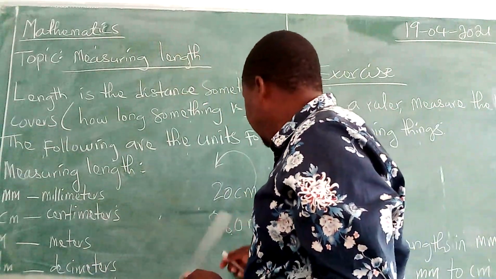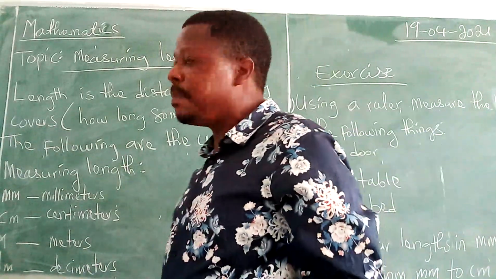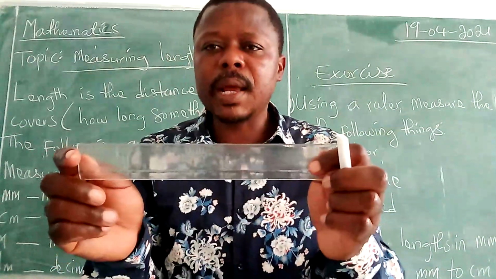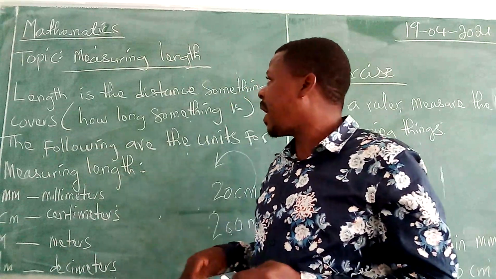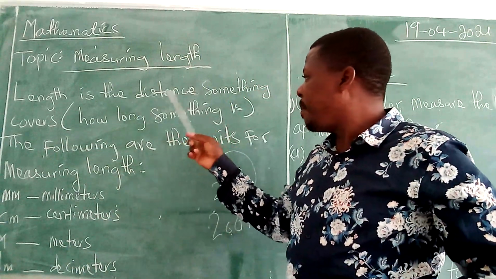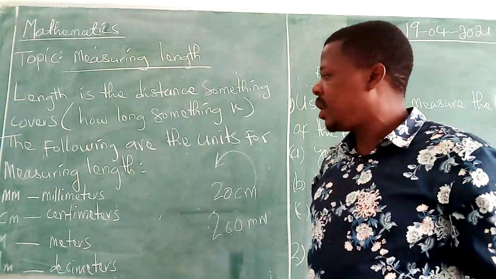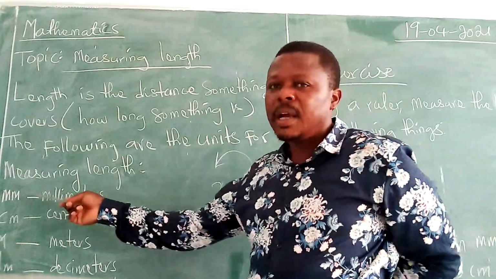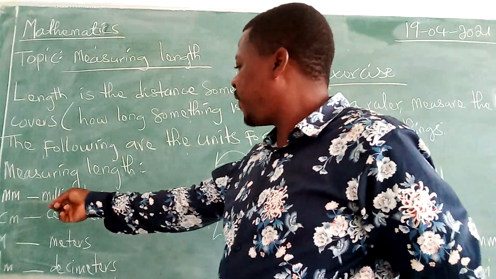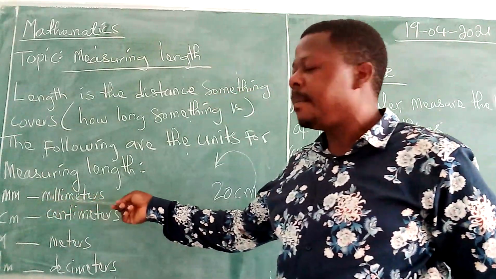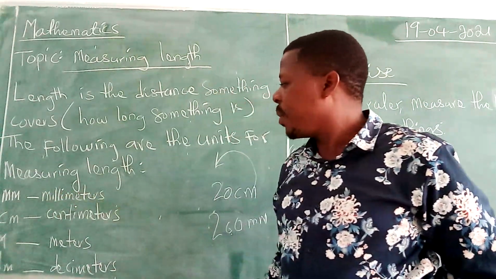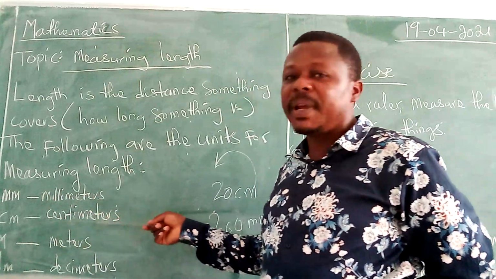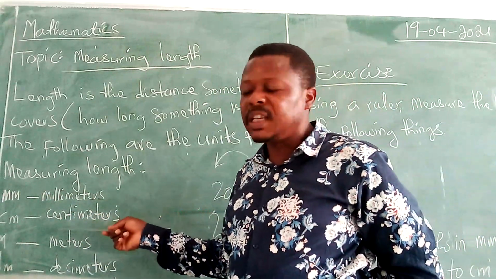We saw in our last class metric units for measuring distance and weight. In our class today, we are looking at the units for measuring distance. On the chalkboard, we have mm, which is millimeters. We have cm, which is centimeters.